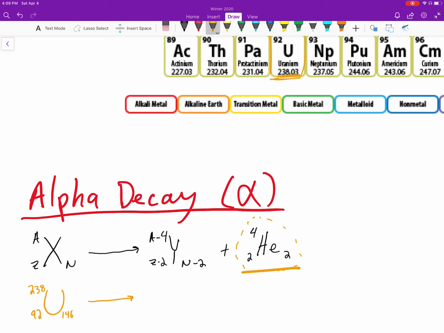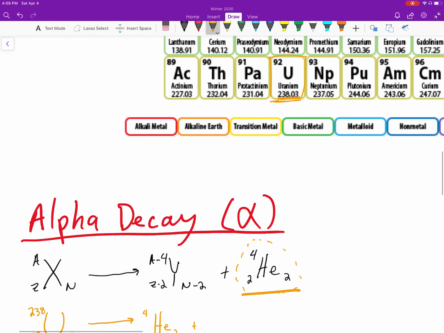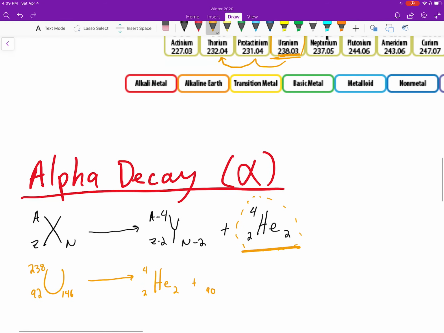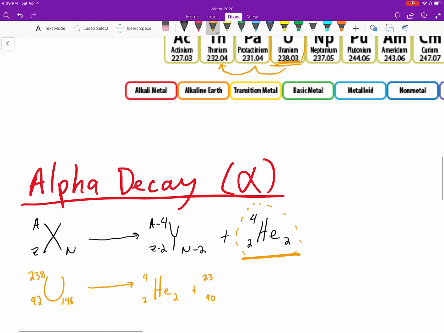That's going to release a helium atom, and it's going to go back 2 protons, so it's dropping to 90. So we have 90 here, and then 232, sorry, that should be 234. So it's 238 minus 4, which is 234.